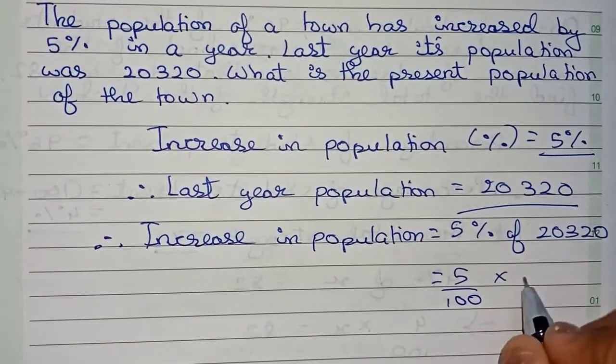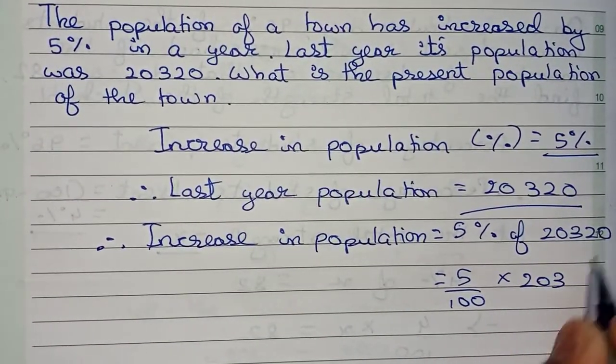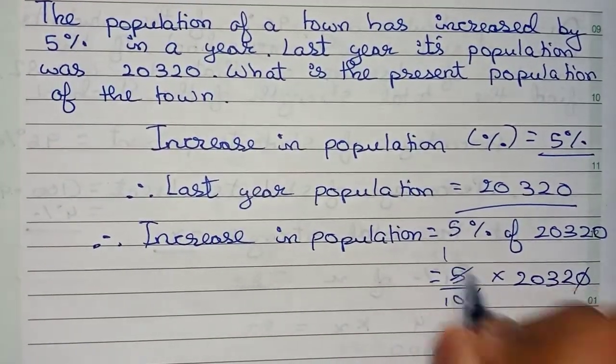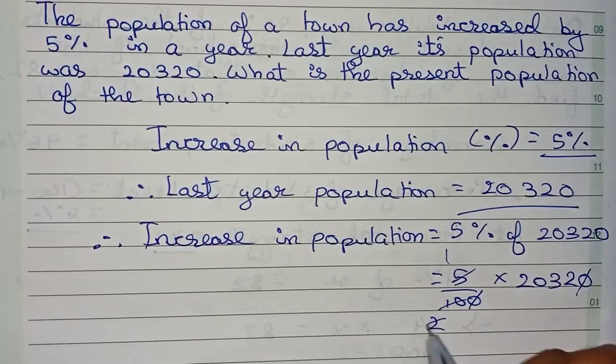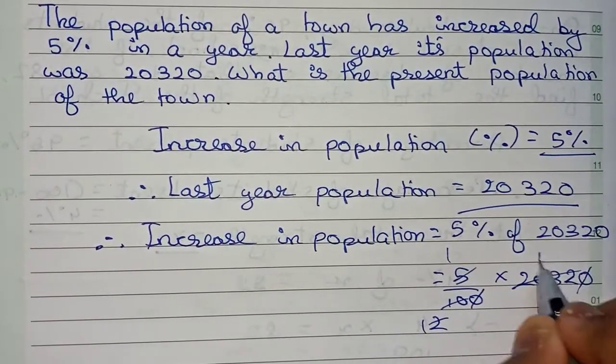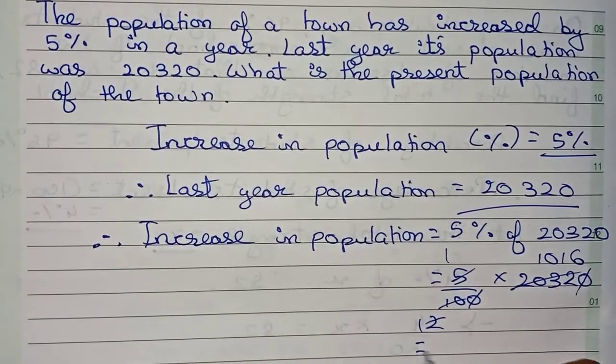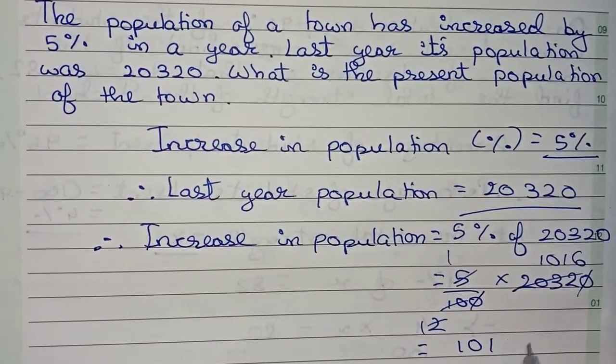Of means multiply into 20,320. So first you cut the zeros. Now you cut 5 and 10, it will become 2. Now you cut 2 and 2032, it will become 1016. So the population is increased by 1016. So this is the increase in population.